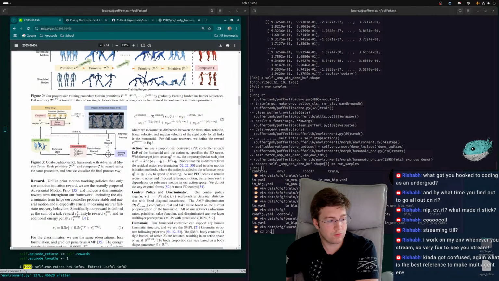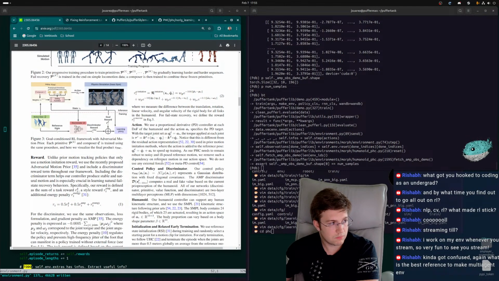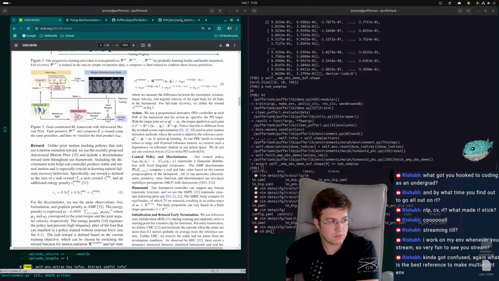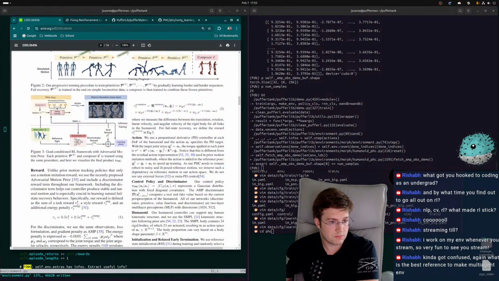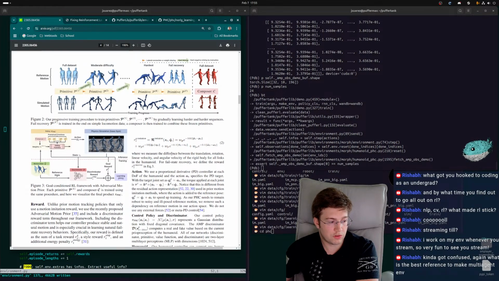Isn't there a reward function as well, though? The demo uses the same format, right? It's the AMP demo. And regardless, I think you still need to match trajectories up.